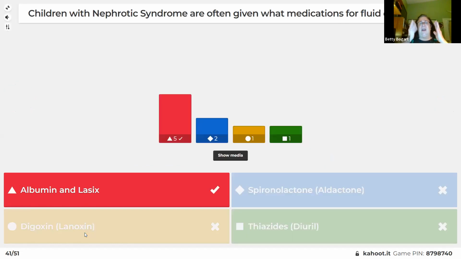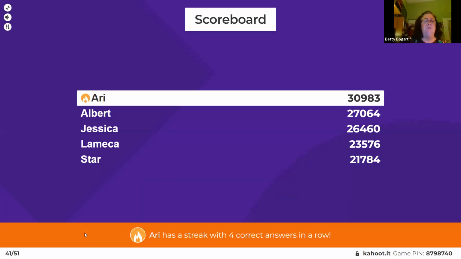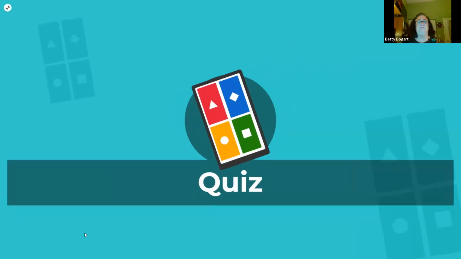You give this child albumin, which is protein, so it goes back into the vessels. It pulls out the fluids interstitially. Then you give Lasix behind it and you're going to have a massive output, which is what you want because you want to get rid of that swelling. Good job. For those who got that one, that was a hard one.